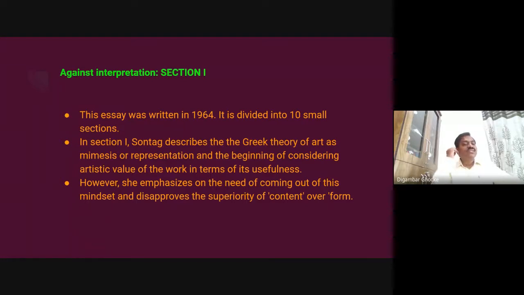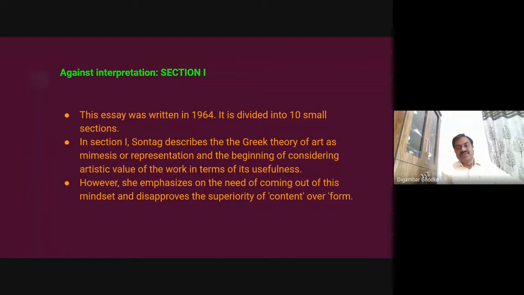In section 1, Sontag describes the Greek theory of art, which you are familiar with. So you are familiar with Plato, Aristotle, and the Greek theory of art as mimesis or representation. She even talks about the beginning of considering the artistic value of the work in terms of its usefulness.